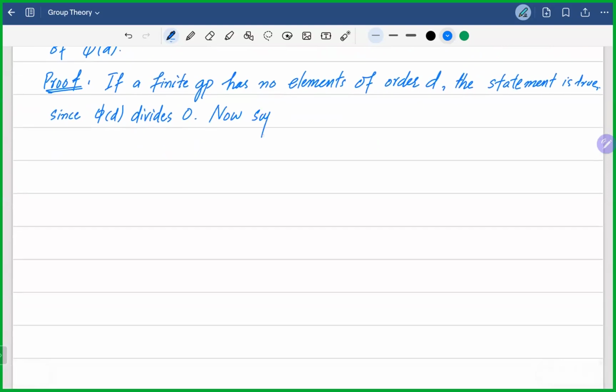Now suppose that there is an element a in the group and its order is d.